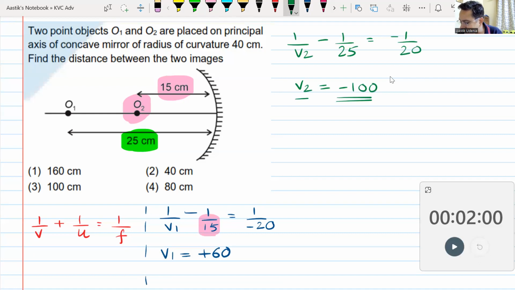One image is coming on the same side, the other image is coming on the other side. What is the difference between the two images? What is the distance between the two images? And the answer is 160 centimeters, and that is the answer that we were looking at.